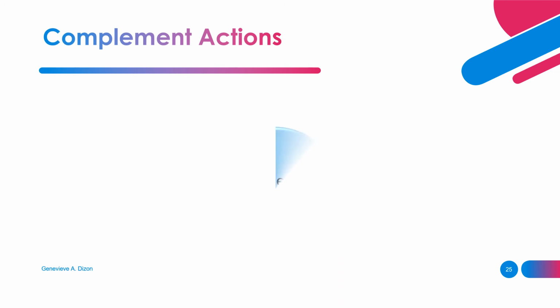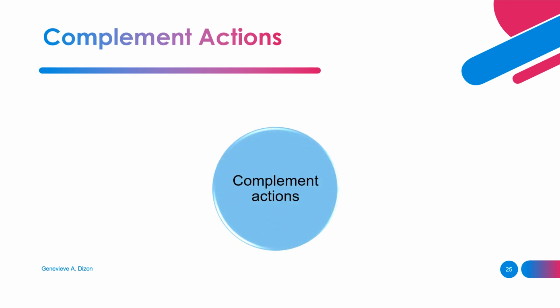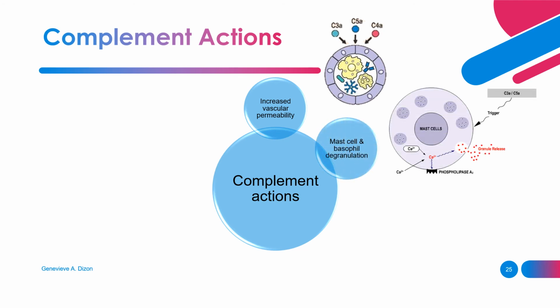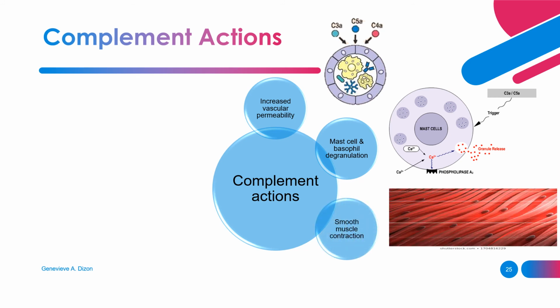To summarize the different actions of the complement system, first is that it increases the vascular permeability, done by the components C3a, C5a, and C4a that have been released to the body fluids. These components also cause the degranulation of mast cells and basophils that also leads to the smooth muscle contraction.